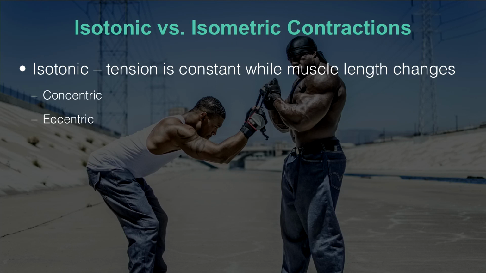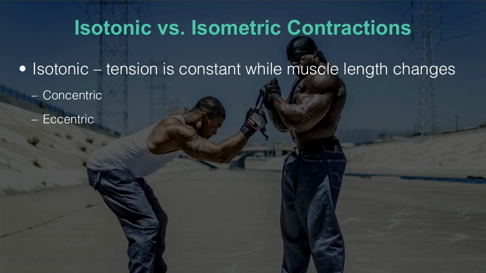And the definition, iso means stable or the same. Tonic means tone. So literally, tone is the same during these contractions. So maybe you're getting a sense of why I don't like the name of this type of contraction. Tone's not the same, is it?